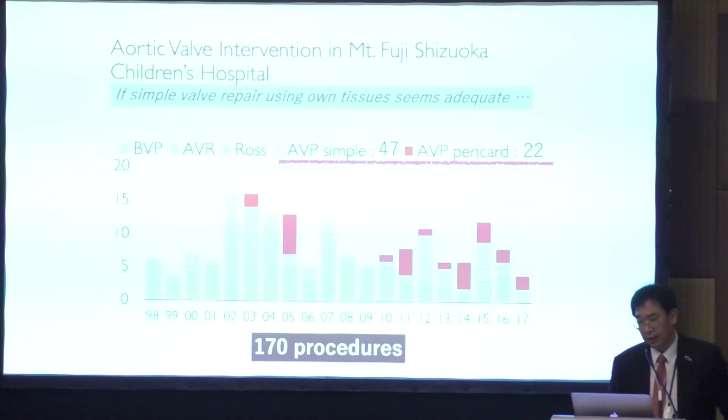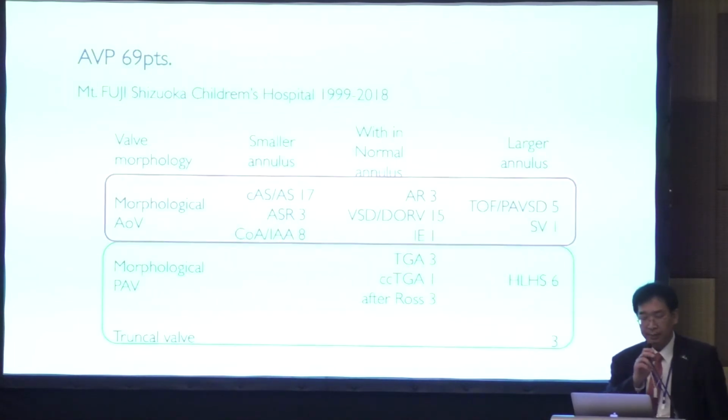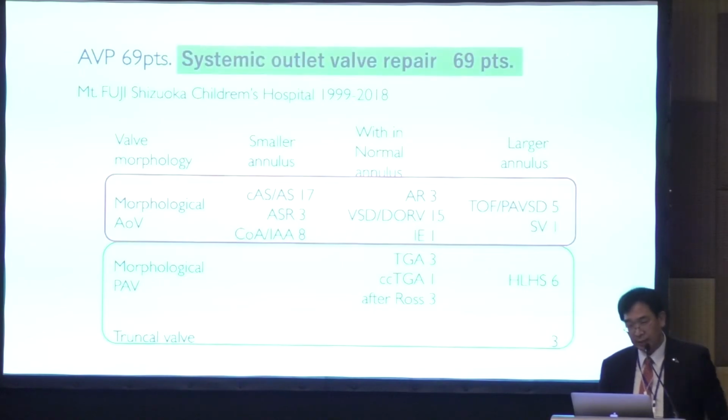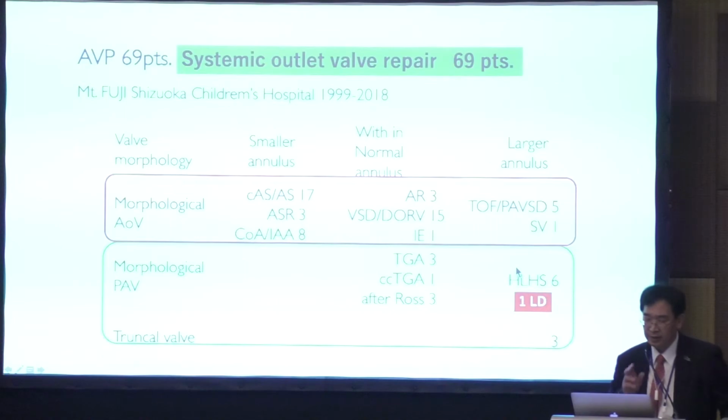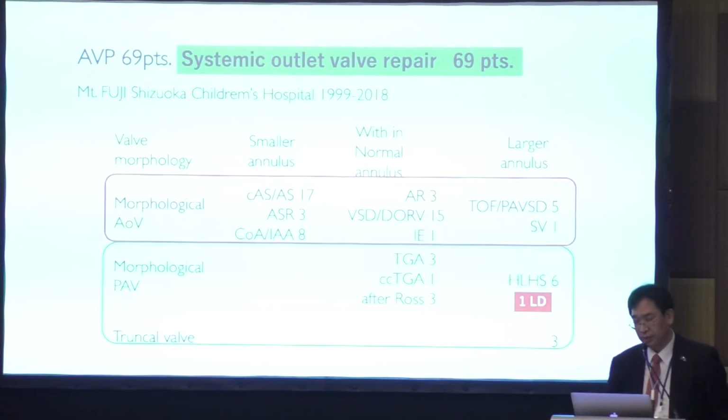Within 20 years, I had 170 procedures on the aortic valve, and 69 patients had aortic valvuloplasty. This includes systemic aortic valves, including hypoplastic left heart syndrome, sometimes for single ventricular physiology, where I sometimes try to make an aortic valve opening.